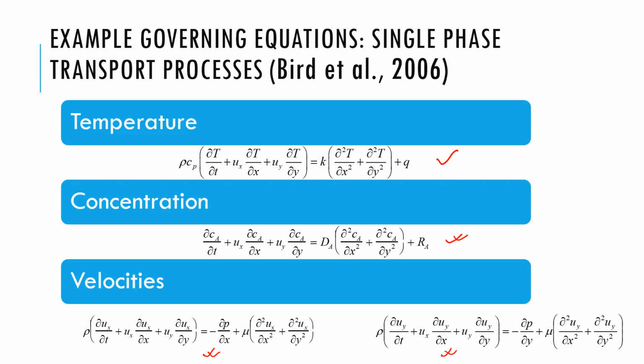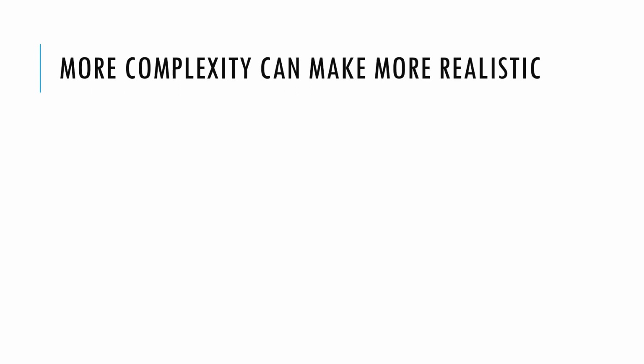For details of the derivations of these equations, and other coordinates and so on, all the details can be nicely seen in the book by Bird from 2006 or its later versions. Now, all the discussions so far have been for one class of physics, transport processes.